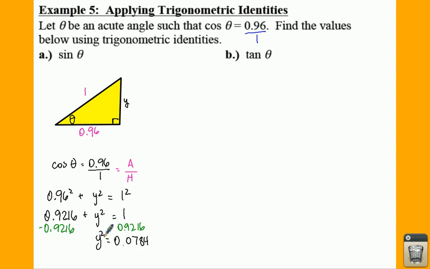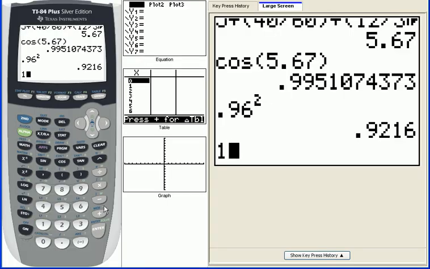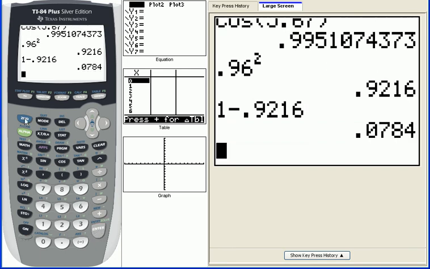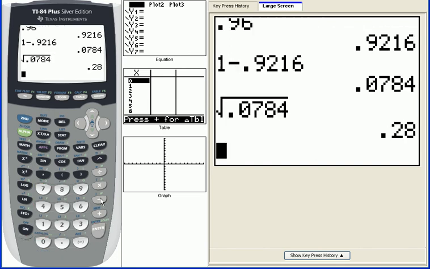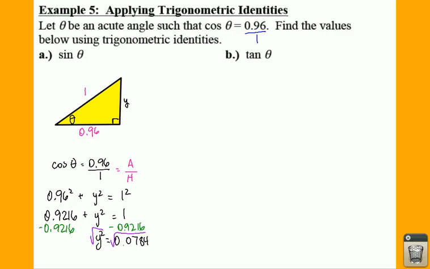So if you take the square root of 0.0784, let me double check my math here. The square root of 0.0784 gives us 0.28. So y is equal to 0.28. So that means that this side is 0.28.